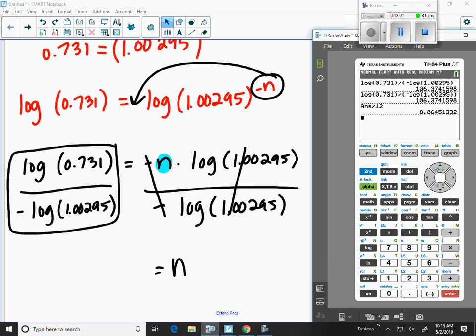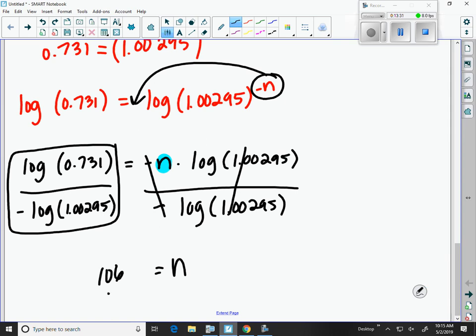Okay, so sorry, friends. Okay, so right here, just want to make sure I was right. That's telling me it's going to take 106 months for me to pay for my car. Okay, now I divided it by 12 right here because dividing it by 12 tells me how many years. So this is almost 9 years it would take me to pay off that car. So here, we really want n to be the months. So about 106 months, okay, close to 9 years. Okay, so 106 months for me to pay it off.